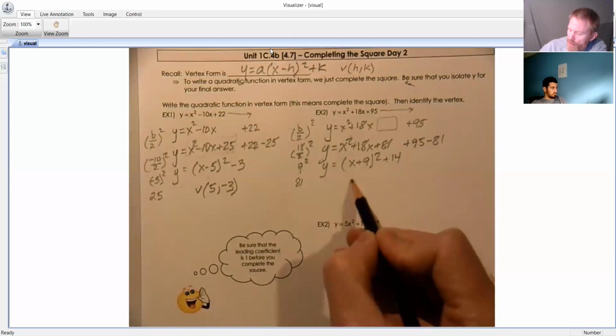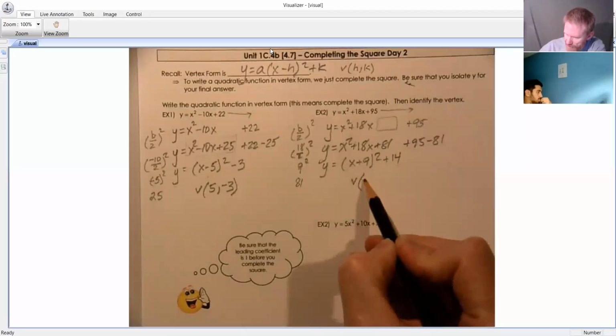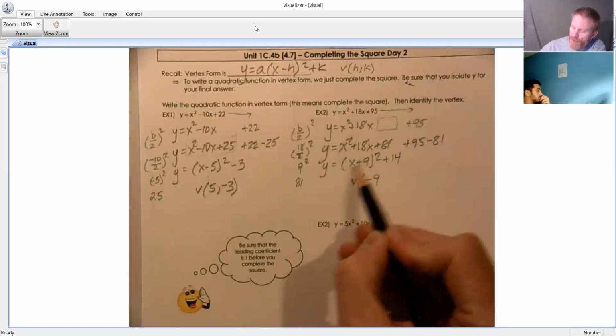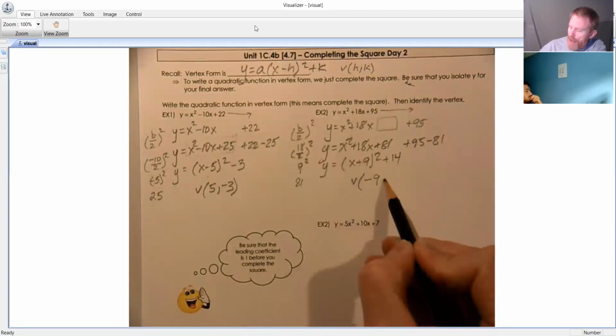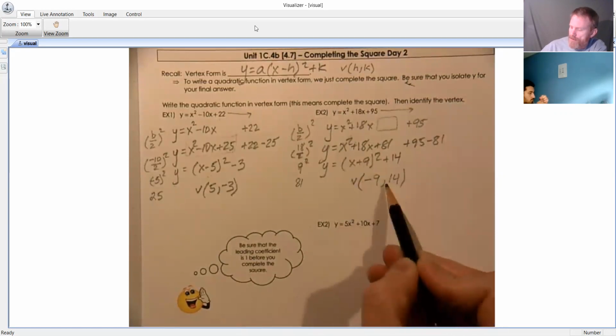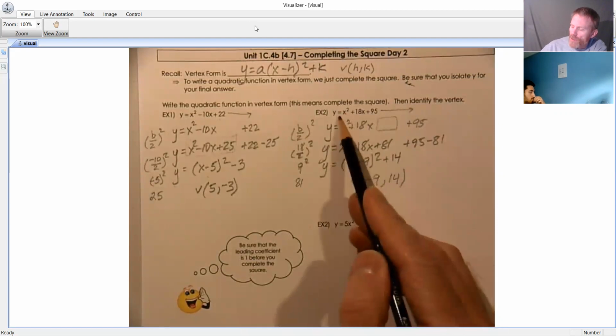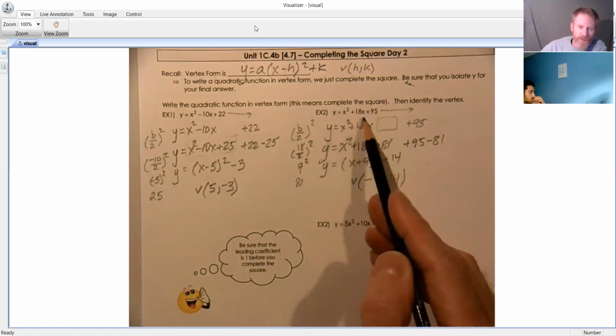So your vertex, we get -9 because it's always the opposite of what's inside the parentheses, and we get 14. That's going to be our vertex here in vertex form. It would also be the vertex in standard form, and we could calculate that just like we had in the past.